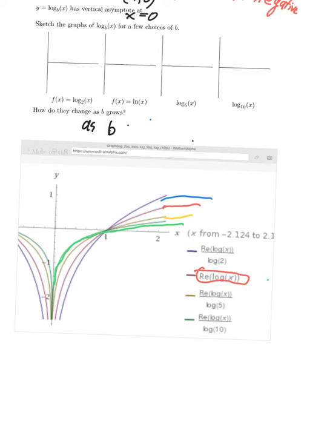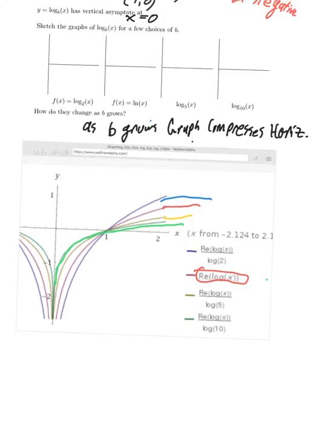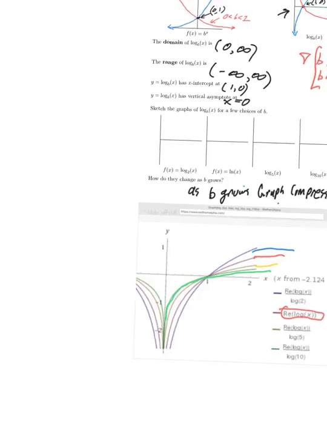As b grows, the graph compresses horizontally. Nice. Cool.